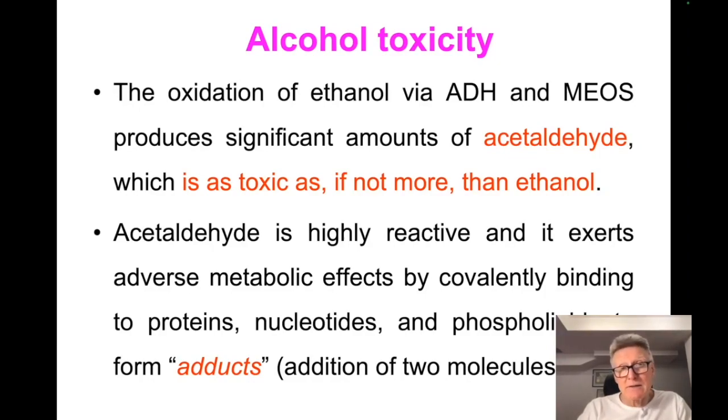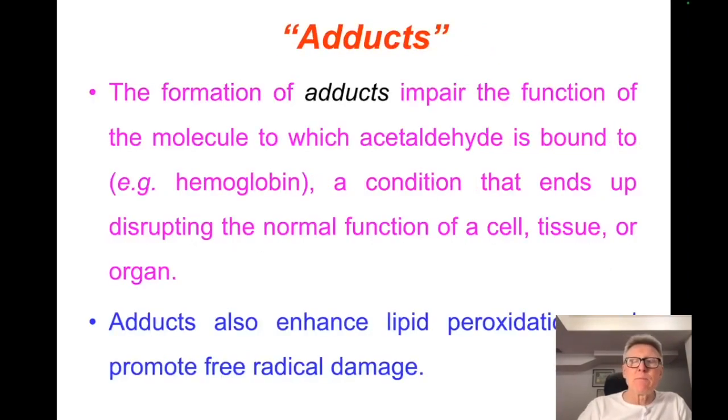It is highly reactive, and it exerts adverse metabolic effects by covalently binding to proteins, nucleotides, and phospholipids. It forms what are called adducts, or the addition of 2 molecules. The implication of the adducts is that they impair the function of the molecule to which acetaldehyde is bound.